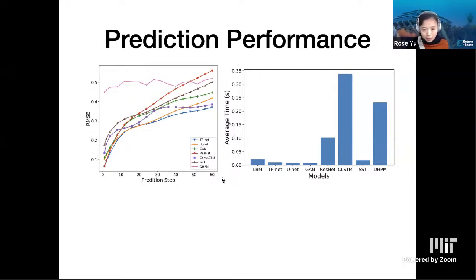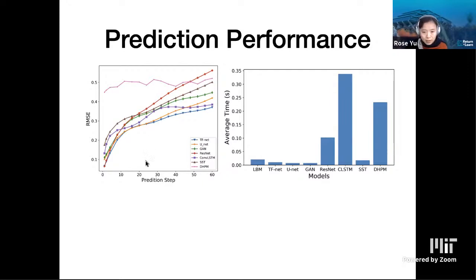There are also hybrid methods such as SST. This method uses Green's function and approximates some part of the Green's function with a deep neural network. Deep hidden physics model is a physics-informed neural network. As I mentioned before, this method actually needs explicit input for boundary conditions, which is not available during forecasting.